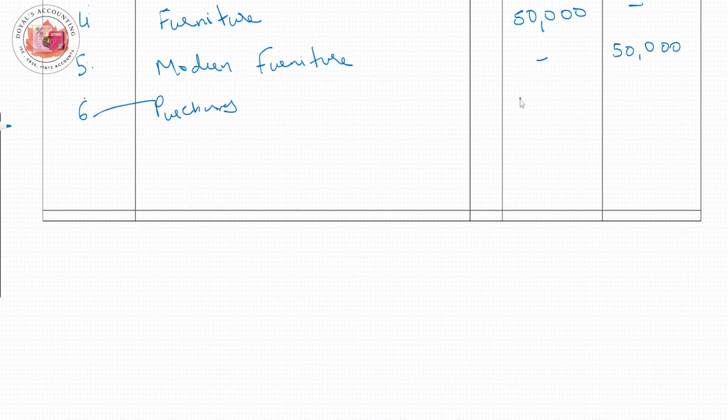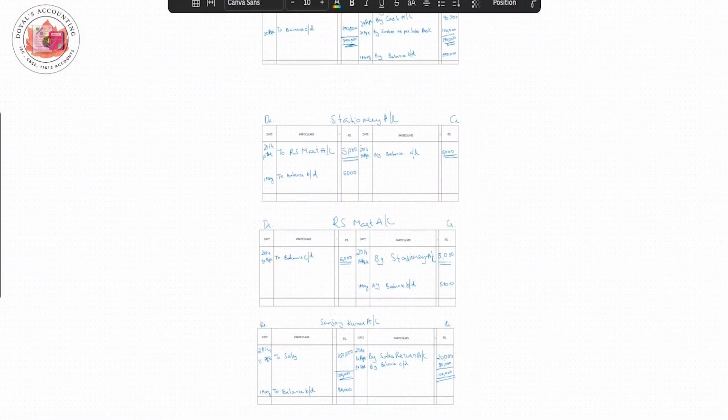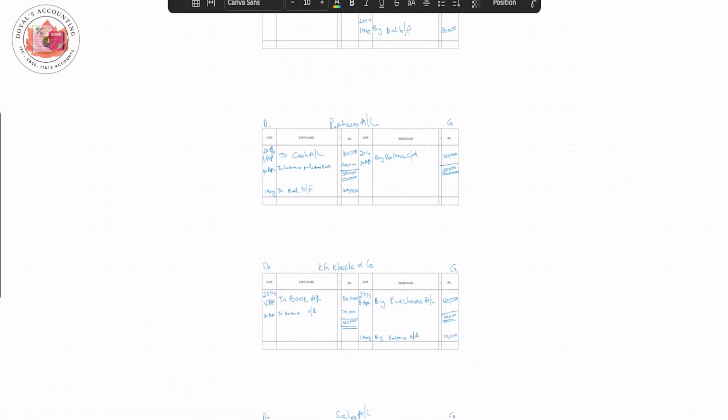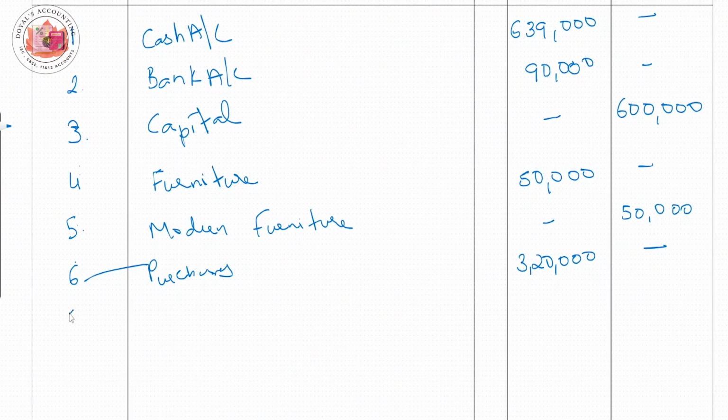Purchases 3,20,000. Now I have recorded. Okay, so now my next balance will be KG Khosla and Co 70,000 on the credit side. Number 7, KG Khosla. So he is a creditor.